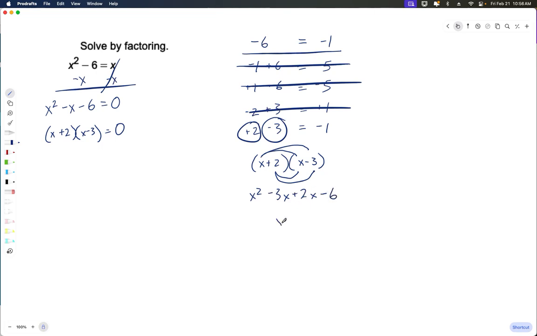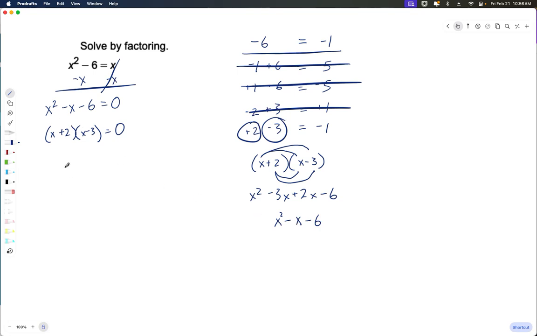Combine these in the middle, that would be 1x. We don't write that 1. Minus 6. That's what we had to start with. So now we know we did that right. So this factoring is correct.